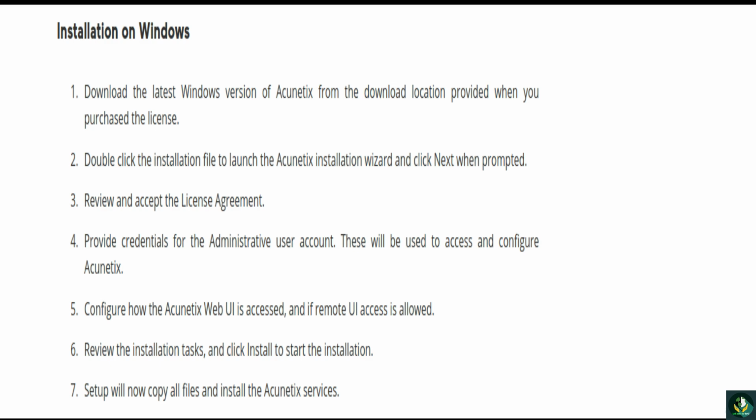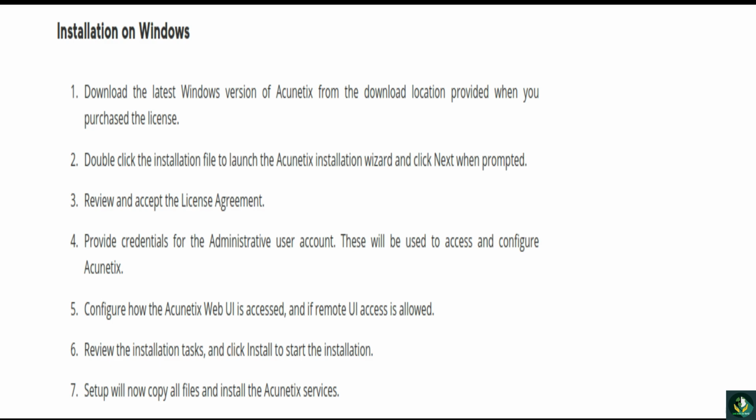Review the installation tasks and click install to start the installation. Setup will now copy all files and install the Acunetix service. This is how you can install on Windows. You can install Acunetix on any operating system, like Linux or Mac.